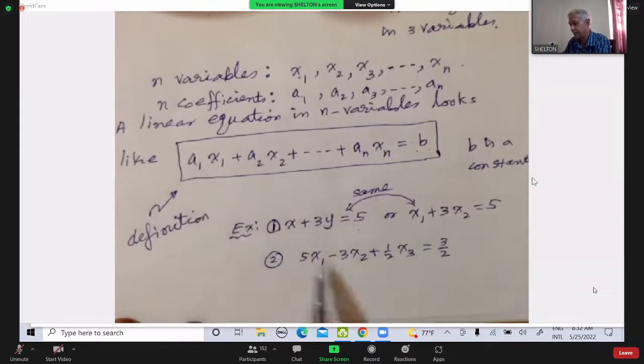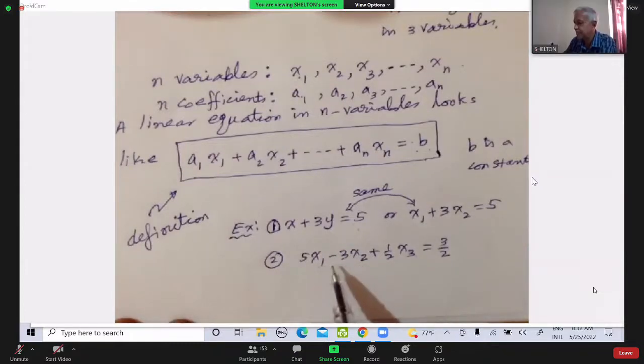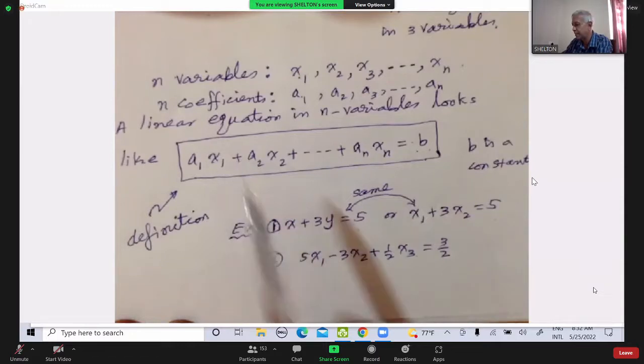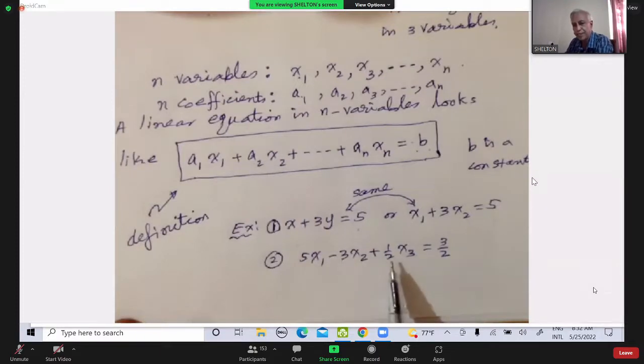A1 is 5, x1 is there. What is A2? Minus 3, because minus 3 is the same as plus times minus 3. So although this says plus, we can have minus. The only thing is that A2 is now minus 3. What is A3? Half. B is 3/2.